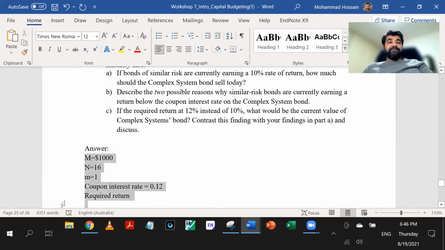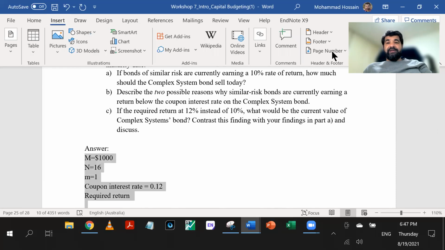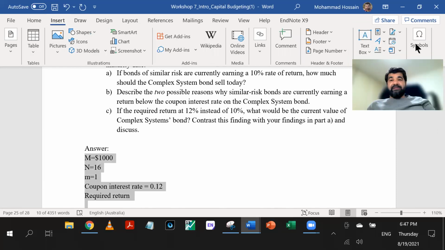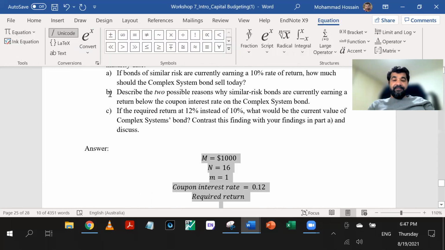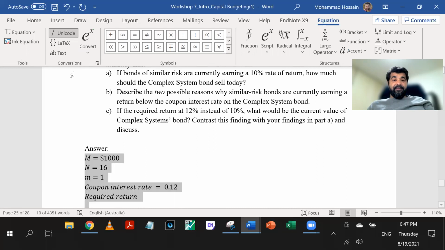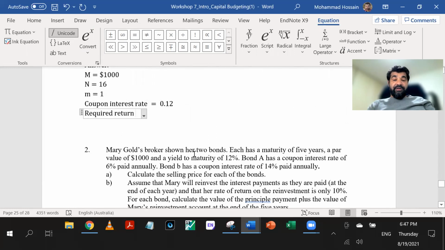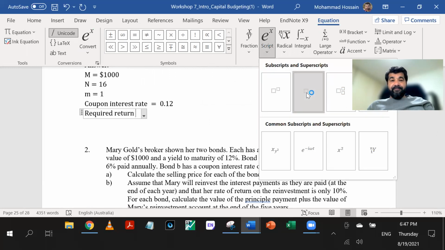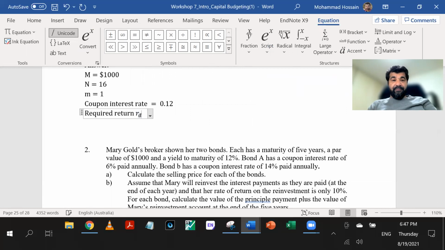To make these things into an equation. Required return is RD, which is equal to 10% here.